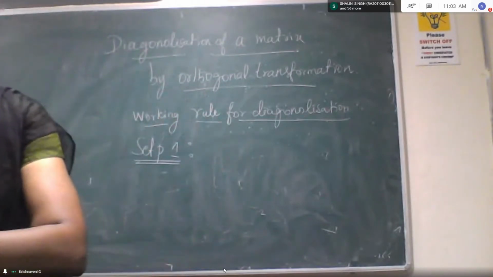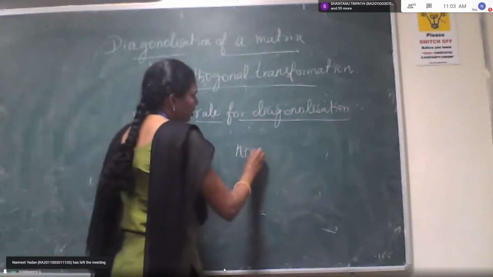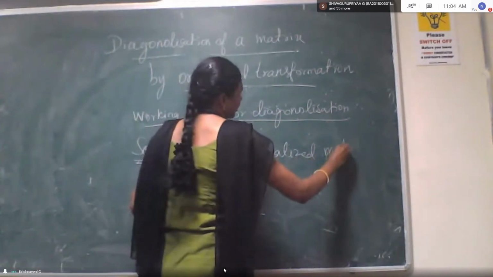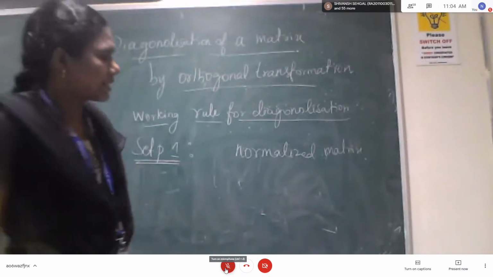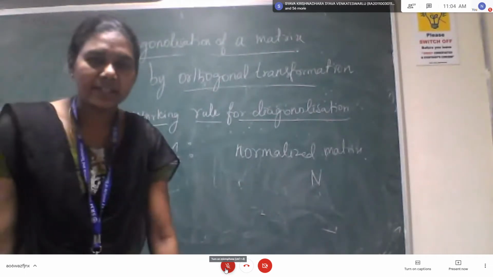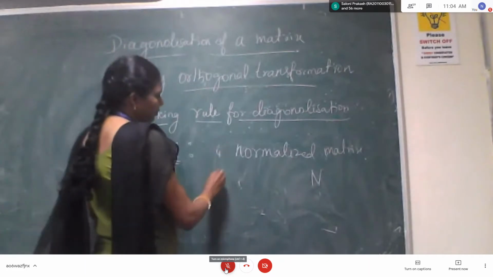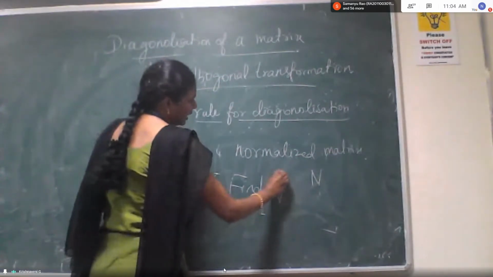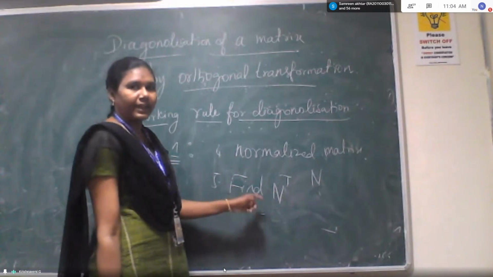Fourth one, form the normalized matrix N, capital N. This is the fourth point. Fifth one, find N transpose.